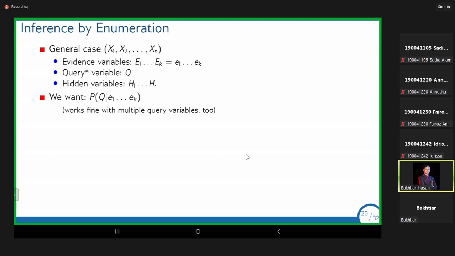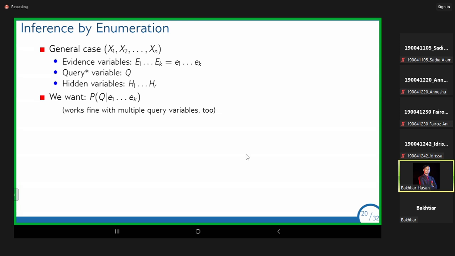We don't want it as a part of our answer, but we don't know it either. So we divide our variables into three categories. Evidence variables are the things that we know. Query variables are the things that we want to know, the things we're interested in. And hidden variables are the things that we do not care about and also do not know.